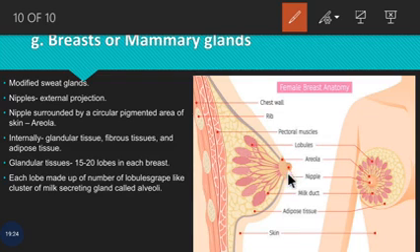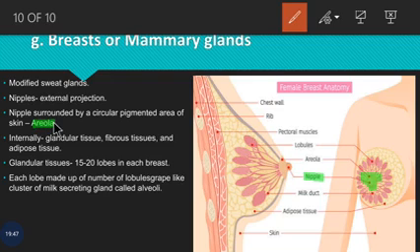So the female breast has an external projection, we can see here, it is nothing but the nipple. The nipple is surrounded by a circular pigmented area, and this circular pigmented area is nothing but the areola.